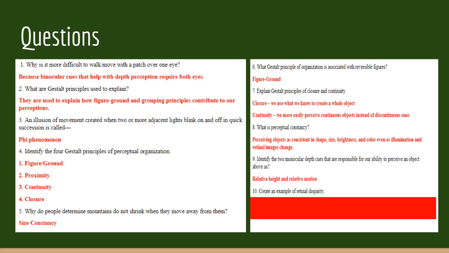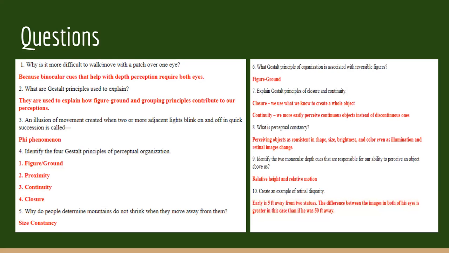To compare. Like a plane, for example: we know that it is going fast, but it doesn't seem like it's going fast. And then retinal disparity, create an example of that.